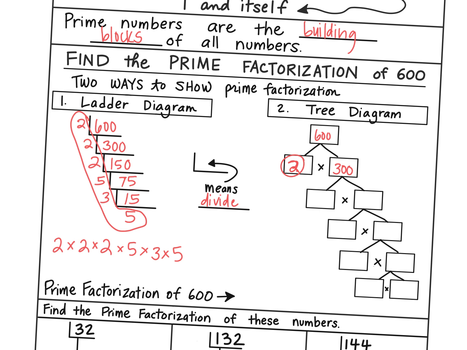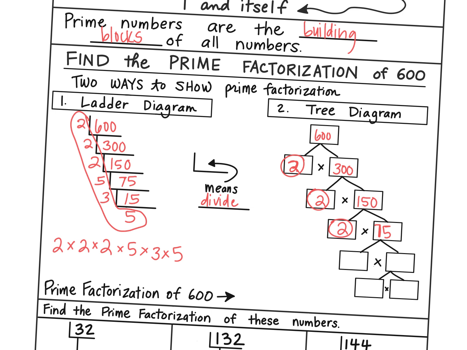Then I can still factor down 300. I can do 2 times 150. I circle my prime number. Then I divide 150 into 2 and 75. Circle my prime number.